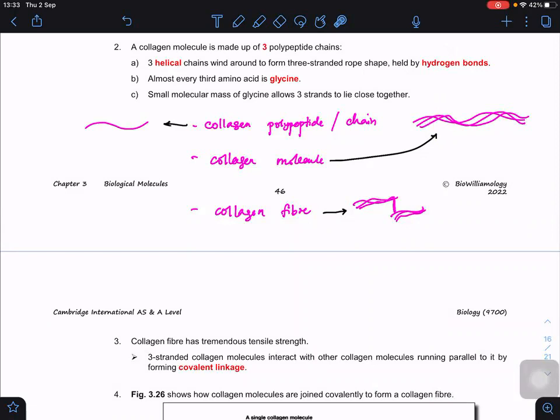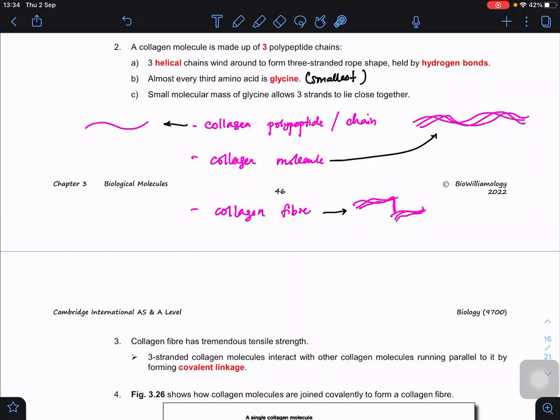And something special about this collagen polypeptide, every third amino acid is glycine. And we know that glycine is the smallest and simplest amino acid. So the small molecular mass of glycine allows the three strands to lie close to each other.